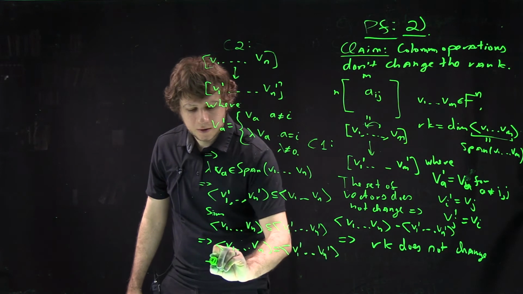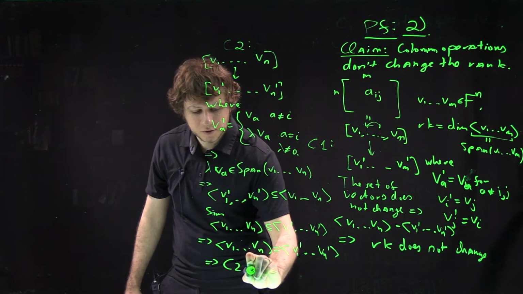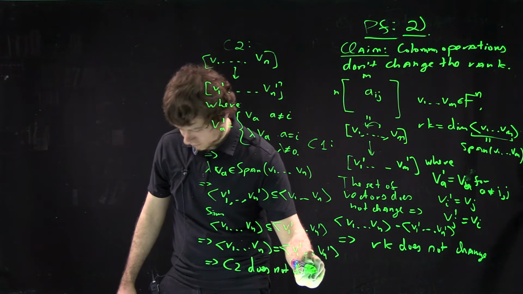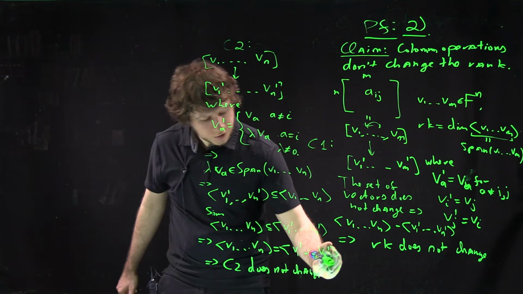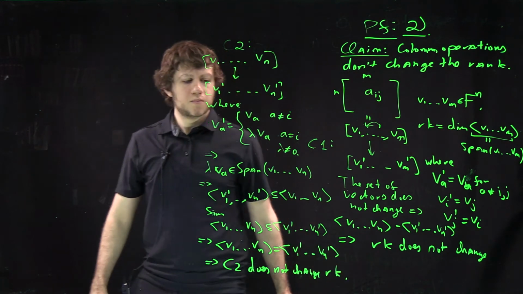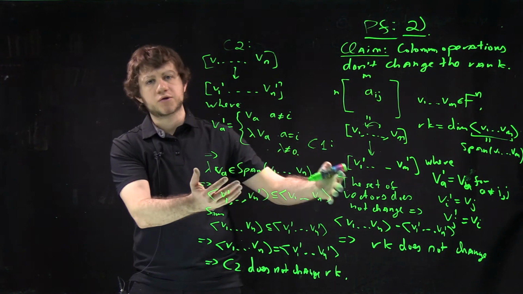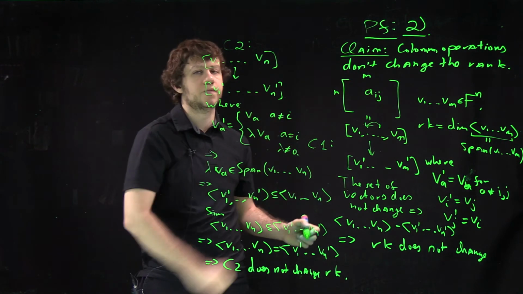And then C2 does not change the rank. Simply again, the space does not change, because when you scale one of the vectors, you get the same subspace inside Fn.